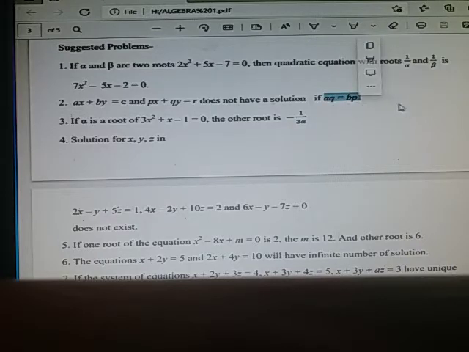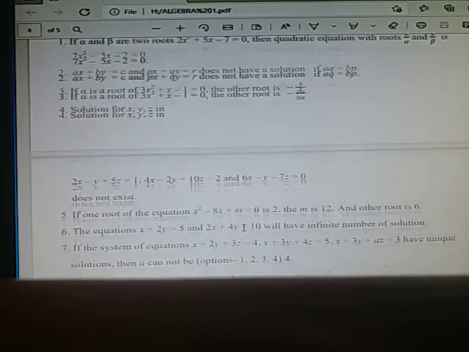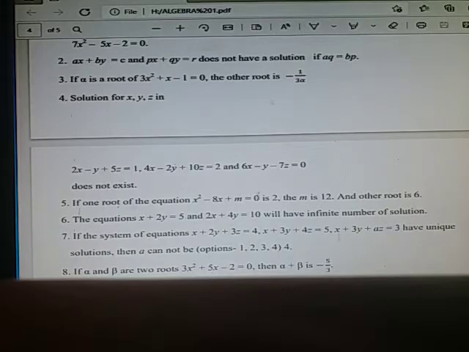There are some choices, and this is the answer. If alpha is a root, the other root is this one. Solutions for x, y, z don't exist.